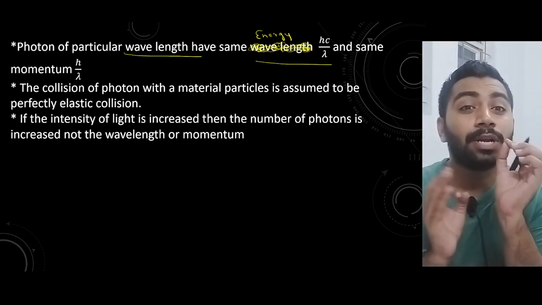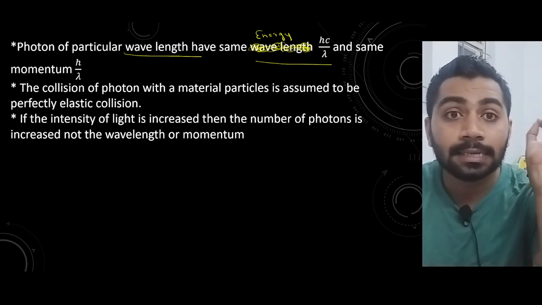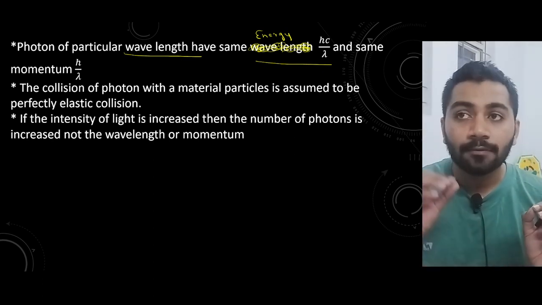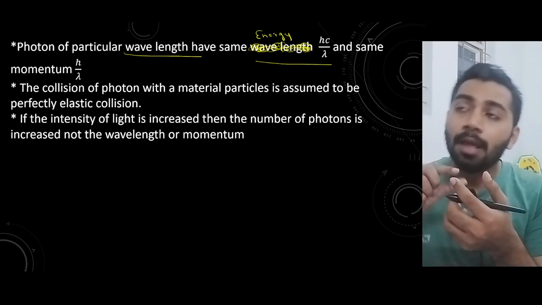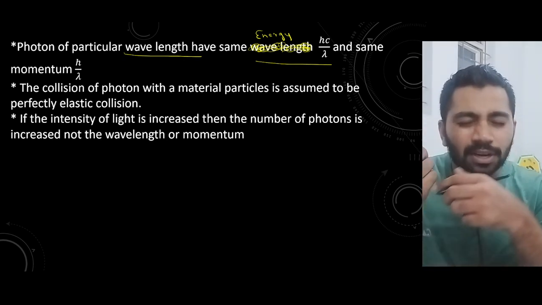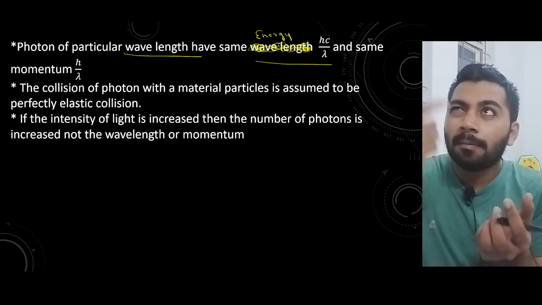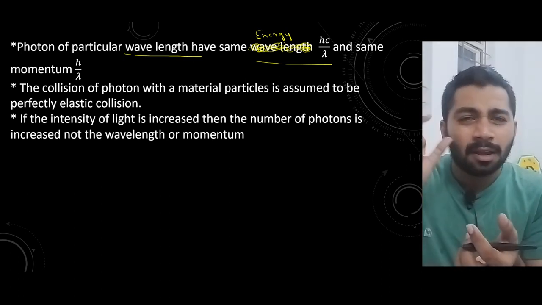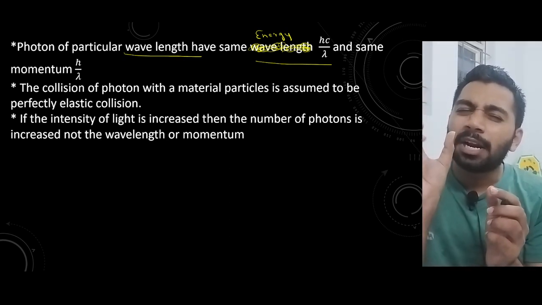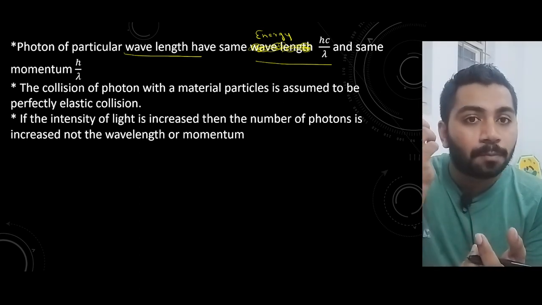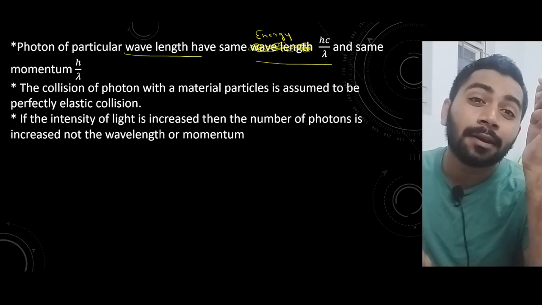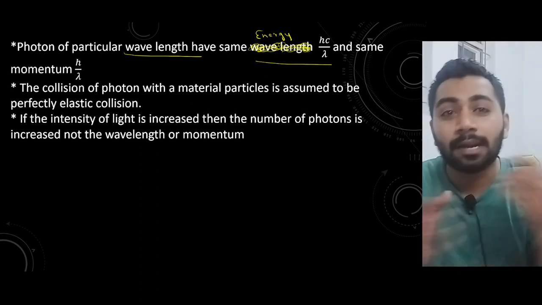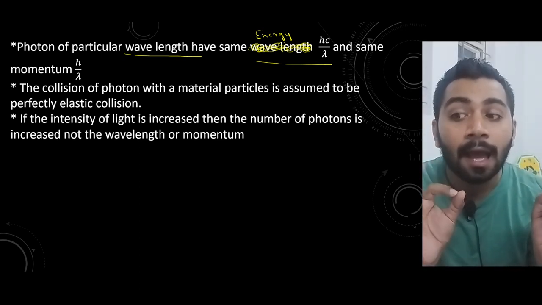Take a photon of a particular wavelength, let's say red. If you take red light, it has some wavelength. Now if you take bright light or a dim light, they all have the same energy and the same momentum.